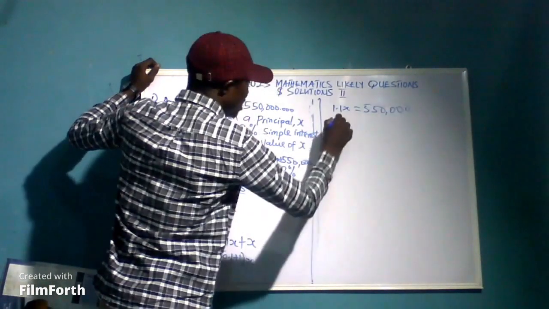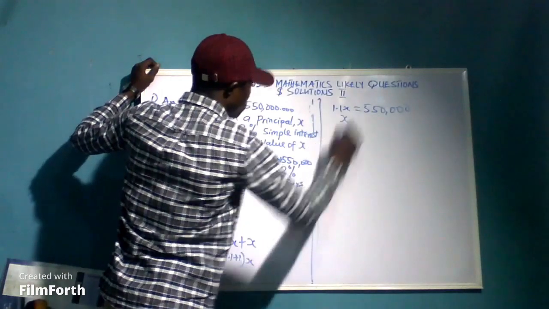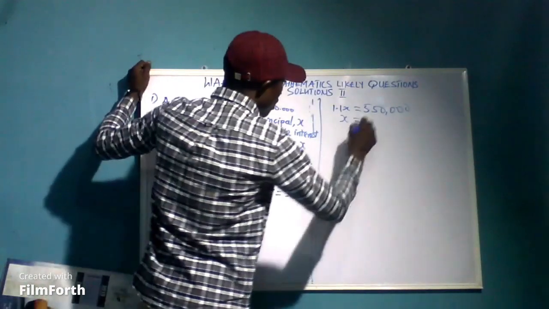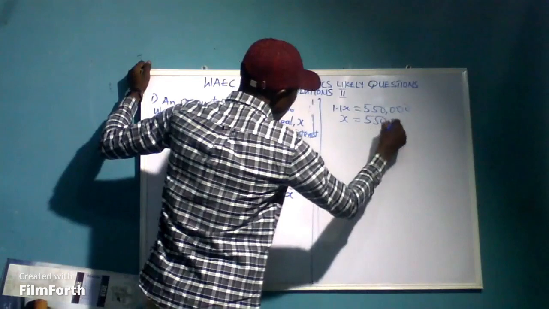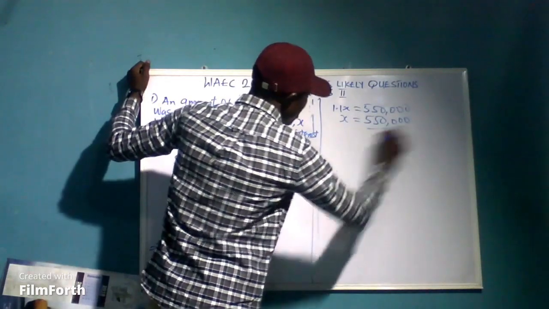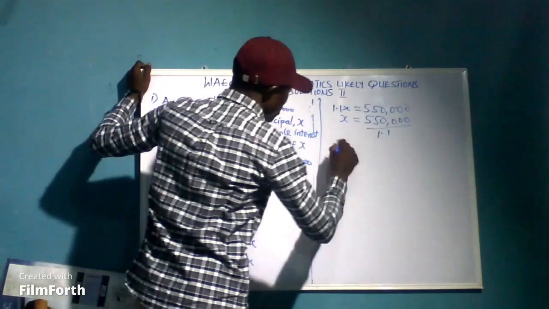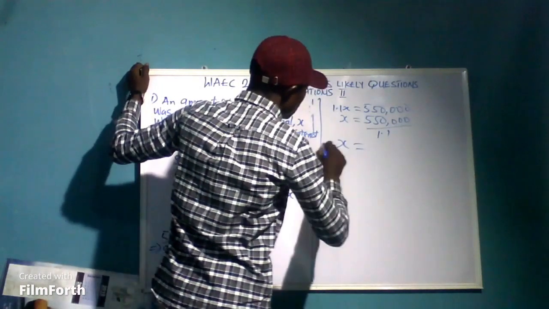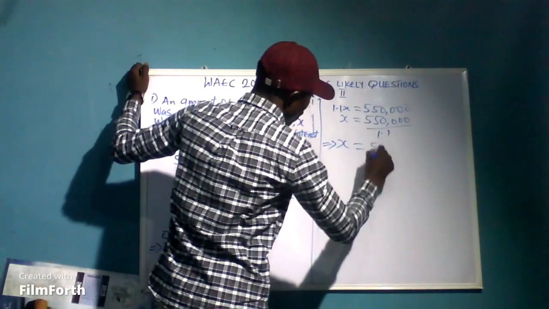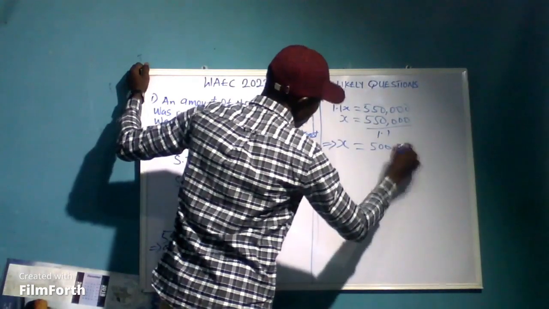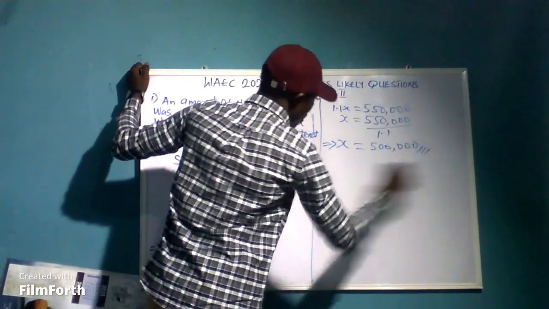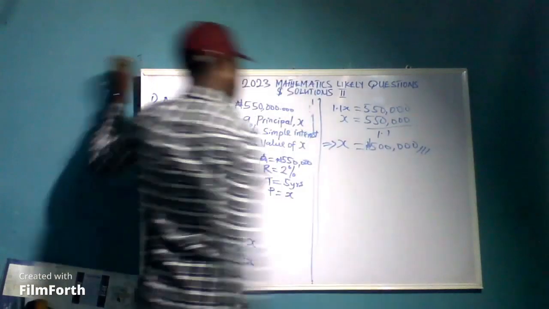Dividing both sides by 1.1, we have X equal to 550,000 divided by 1.1, which gives X equal to 500,000 naira.